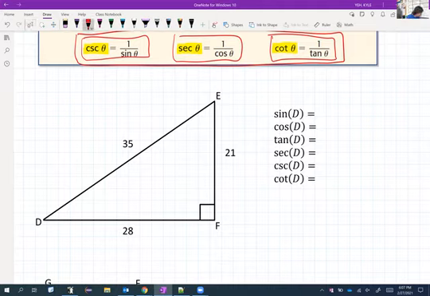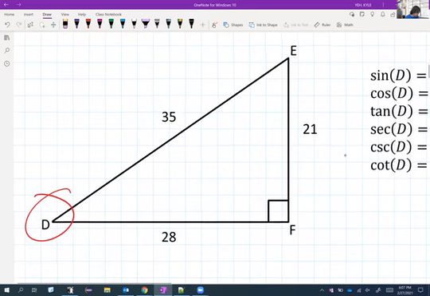Off to the right here, I'm asking for those 6 trig functions, all with regard to angle D. D is kind of my theta right now. D is my point of reference where the whole conversation starts, because that's what it's asked for here. Sine of D, cosine of D, tangent of D, secant, cosecant, cotangent of D.